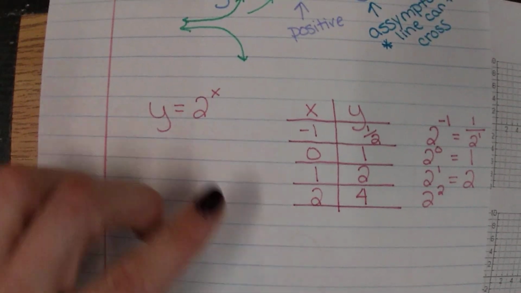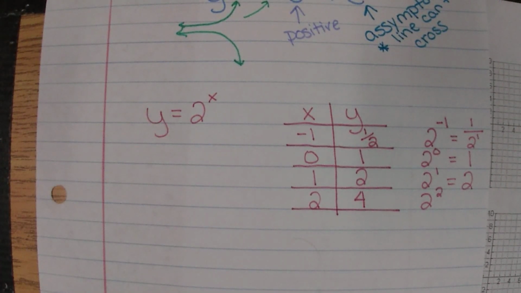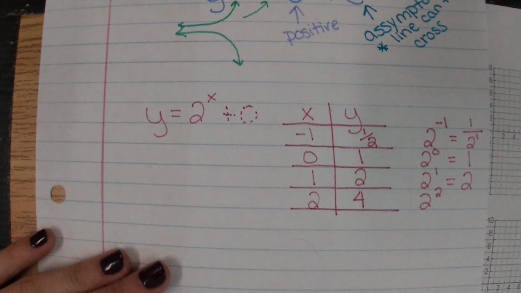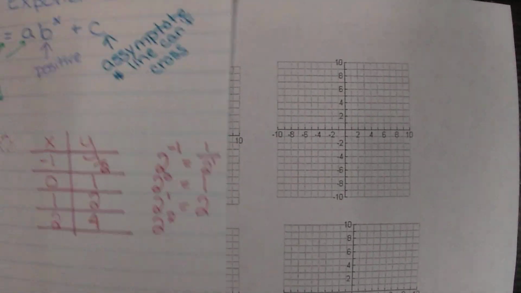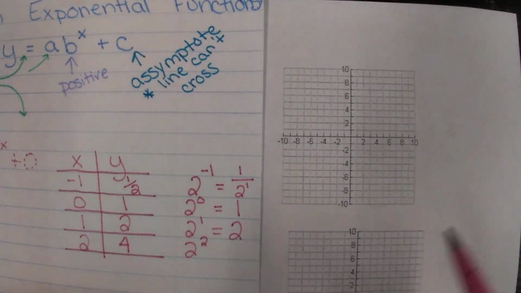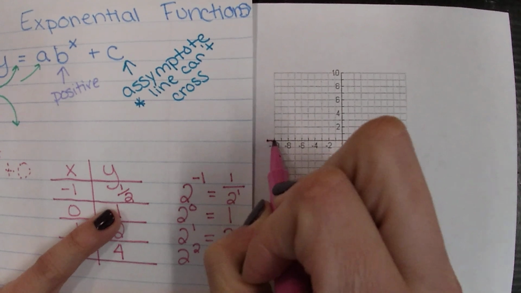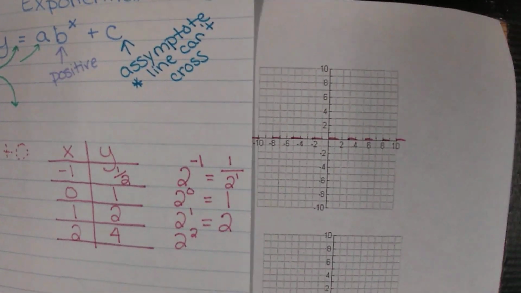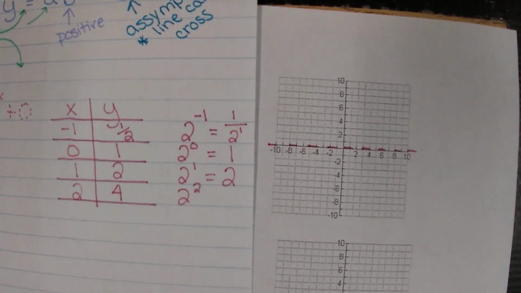If we look at this problem, y equals 2 to the x plus 0, so there's a plus 0 here. The asymptote is always a horizontal line. So we want a horizontal line at 0. I'm going to put in this line right here and make it dashed, because it's not part of the graph. It's just something we have to consider.